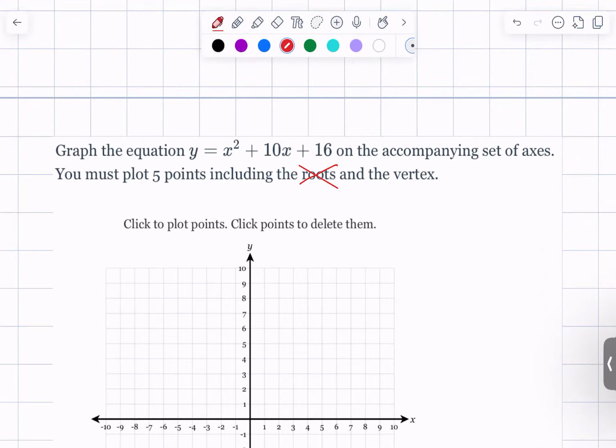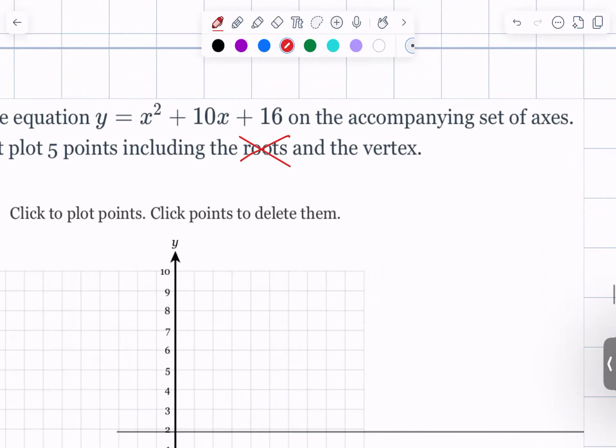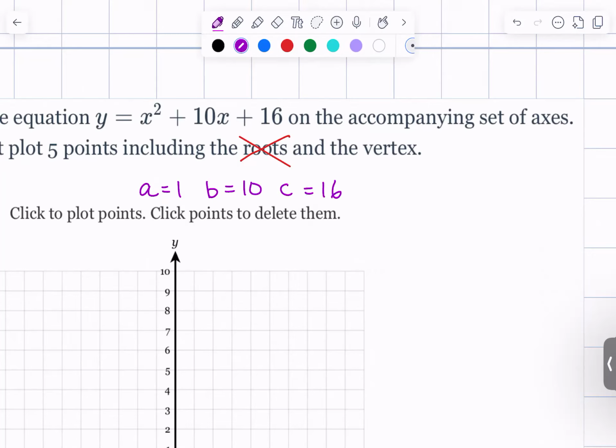So here, let's figure out our vertex. My A value is 1, my B value is 10, my C value is 16.